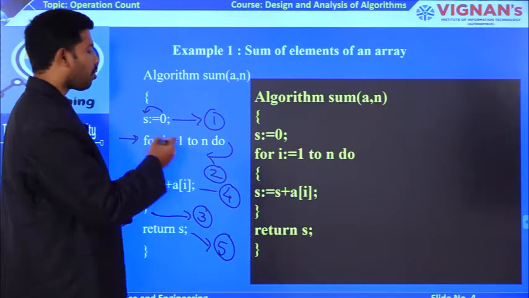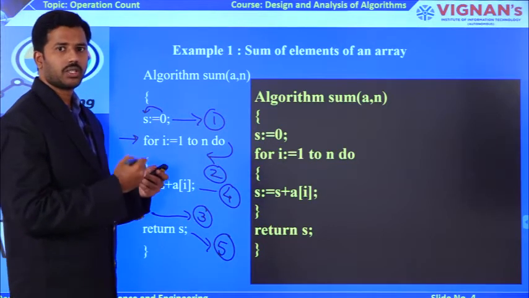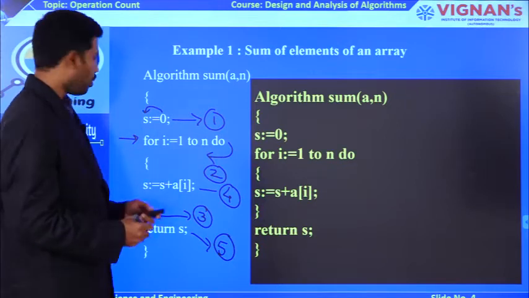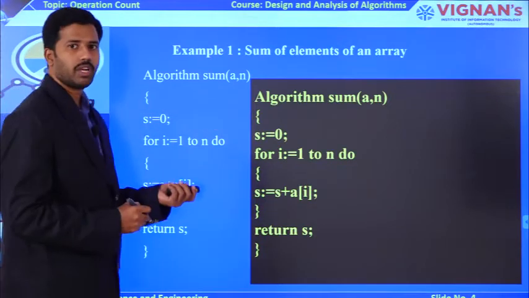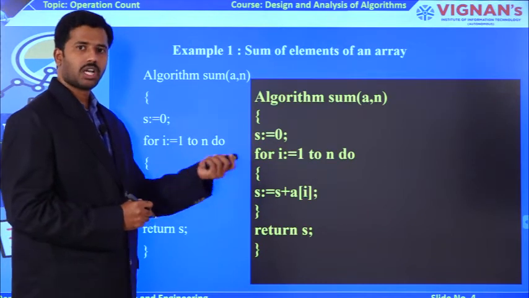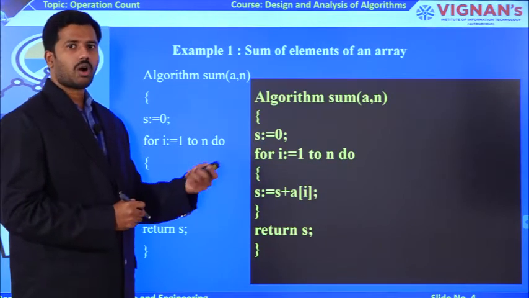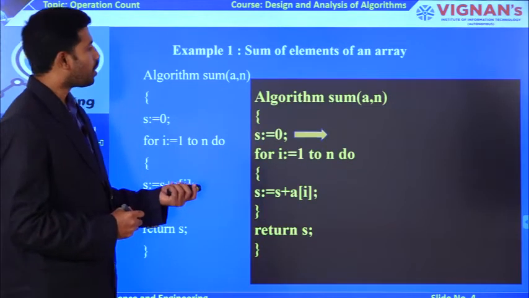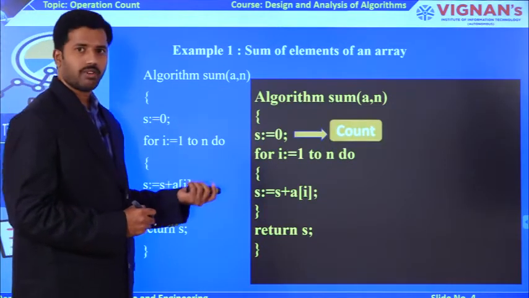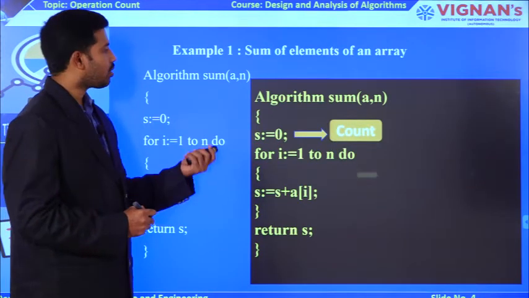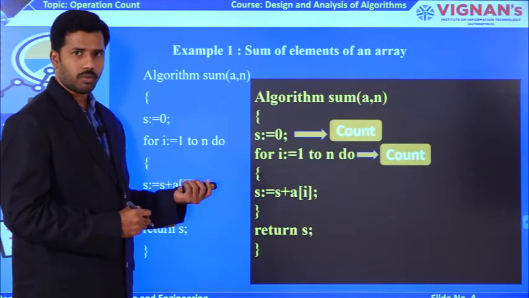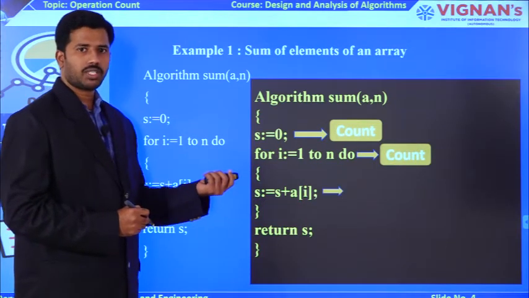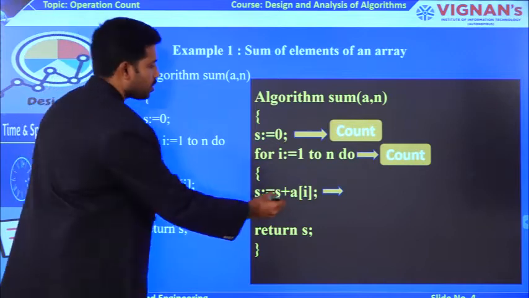Based on the number of times your statement executes, that many times the count variable is incremented. Now observe how the count variable is declared for the corresponding operation, and how it is updated to get the total time complexity. As I said previously, you require the first count variable for the assignment operation, the second for the loop, and the third for the statement inside the for loop that performs the arithmetic addition.